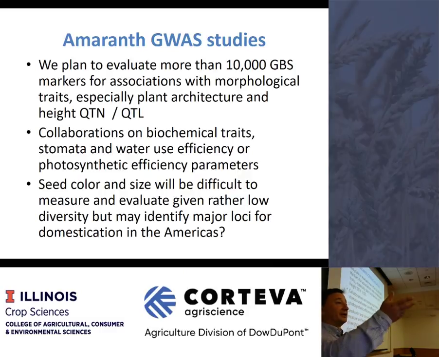And this would include the dyes that are of interest here. Seed color and size will be difficult to measure and evaluate given the low diversity, but it may identify major loci for domestication in the Americas, especially the seed color, because it seemed to be very important to get to a cream color. And it seems to be a little bit larger, the cream seeded.